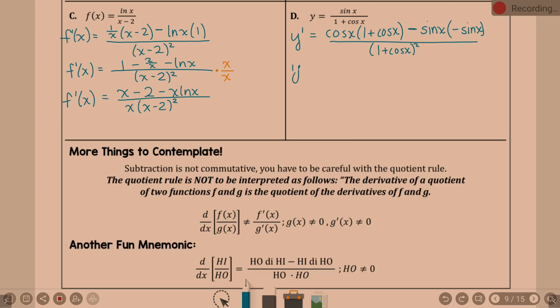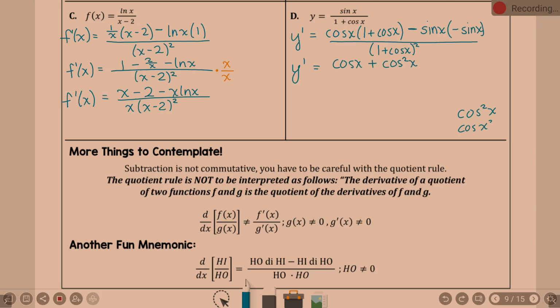Let's work on that top a little bit. In that first set of terms, cosine x can distribute. So cosine x times 1 is cosine x, plus what's cosine x times cosine x? Cosine squared x. Remember, there is a difference between cosine squared x and cosine x squared.